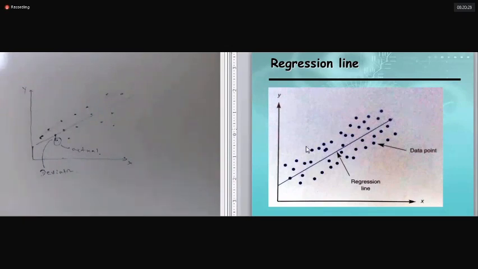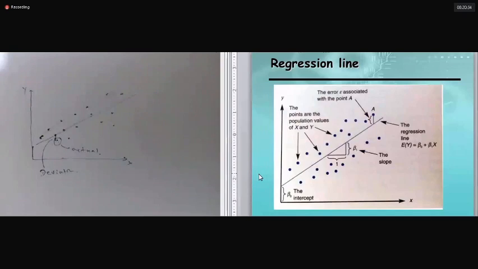So we draw that line to minimize the deviation, which in other words we call the error. The actual value is here, but when we draw the line and find the value, it is different from this value.